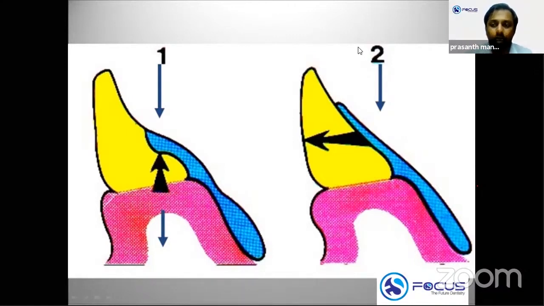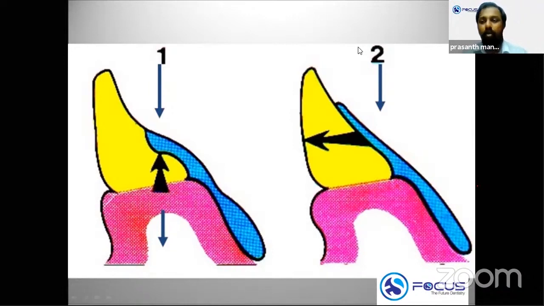Now, our periodontal ligament is made in such a way that it can bear the occlusal load more than the lateral forces. So lateral forces to the periodontal ligament are detrimental. Understood? It cannot withstand lateral forces beyond some limit.